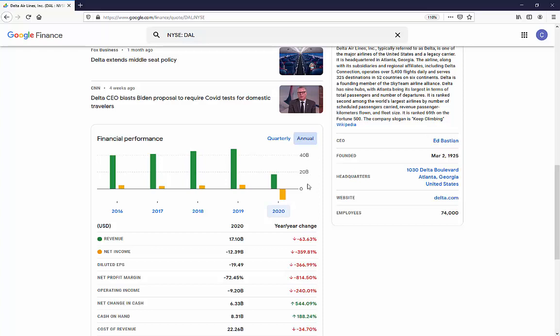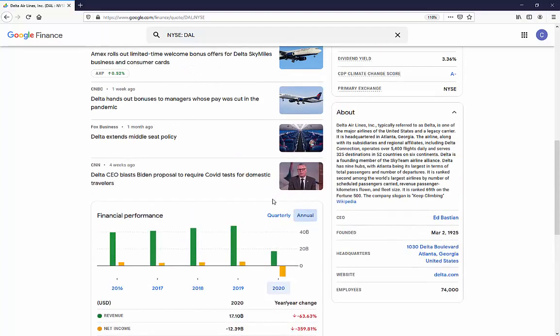The back half, I think there will be pent-up demand and a lot of travel and so on. So I would expect the revenue to kick up just a little bit from 2020, and certainly the income, the profitability, to start to recover. I don't know if they'll report a profit this year, but the expectation would be that maybe they can start to bounce back.